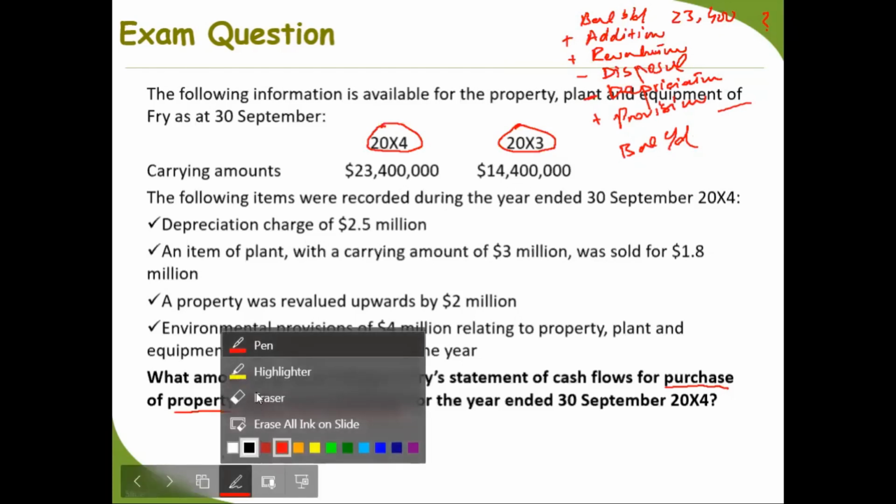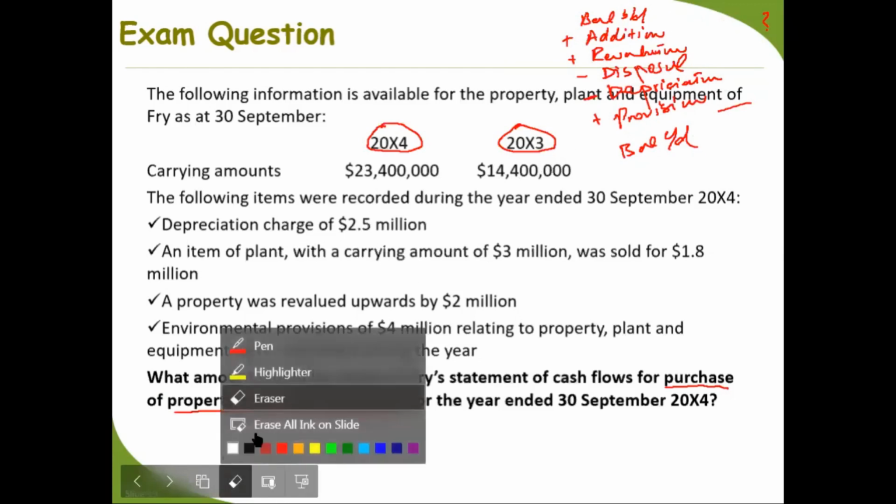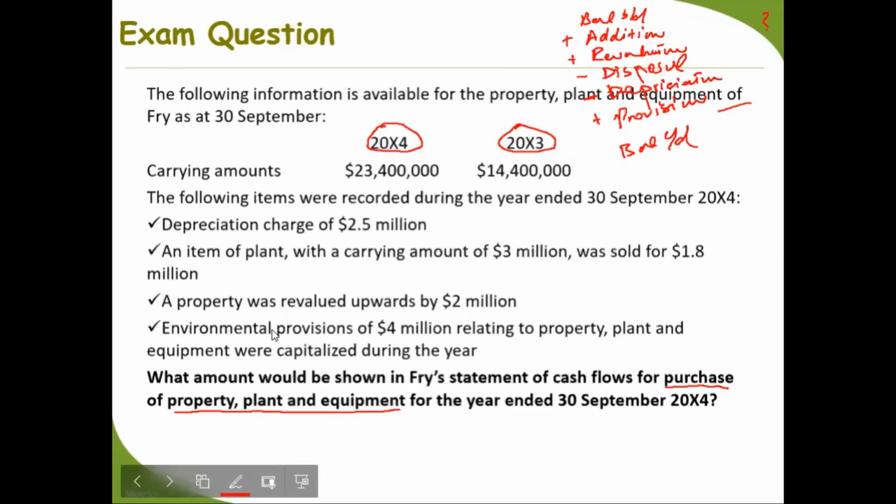There is a mistake. Opening balance was the preceding year balance, which is this one, 14,400. Now closing balance is 23,400.